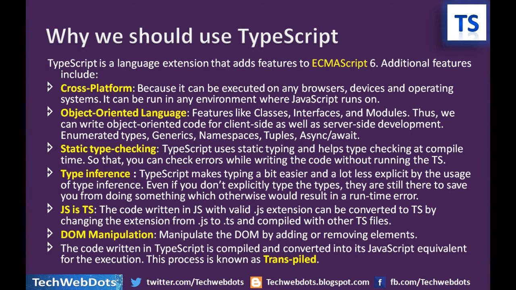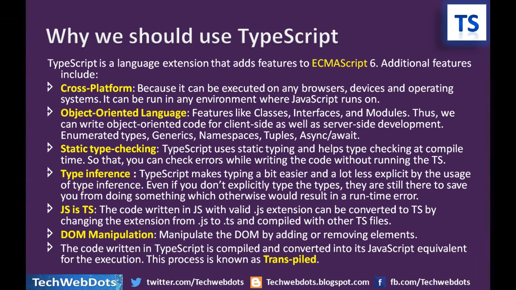Type inference: TypeScript makes typing a bit easier and a lot less explicit by the use of type inference. Even if you don't explicitly type the types, they are still there to save you from doing something which otherwise would result in a runtime error. It means everything you write will be checked before running. Okay, so you can catch all those errors before running.